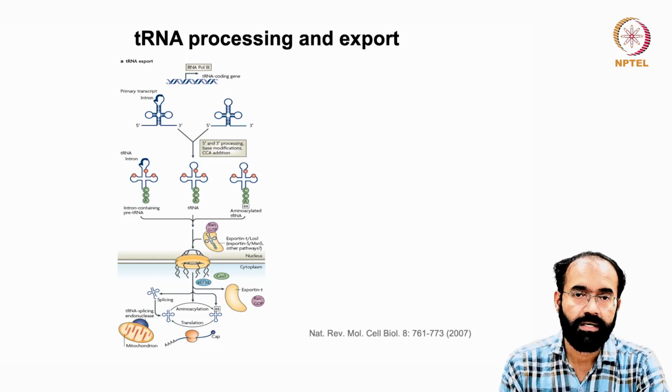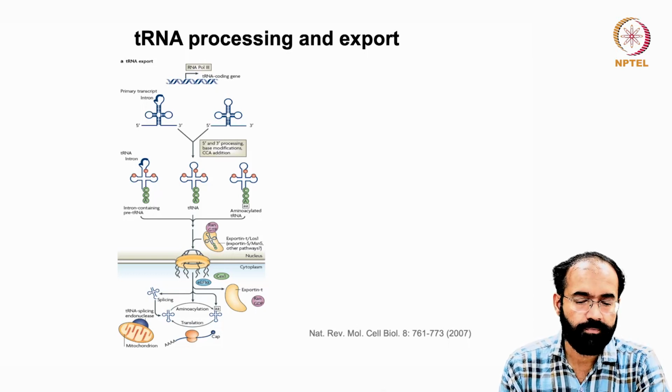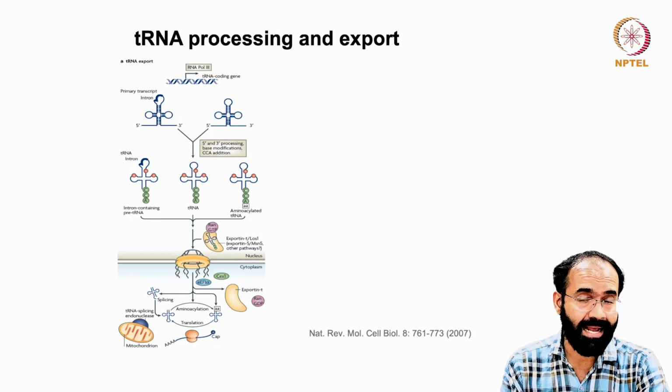They have to come together and act along with the nuclear pore complex proteins, and they move into the cytoplasm. In the cytoplasm, it will disassemble because the RAN GTPase cycle comes into the picture, and RAN GAP will help in the GTP hydrolysis, and the cargo will be released and the cycle will continue.